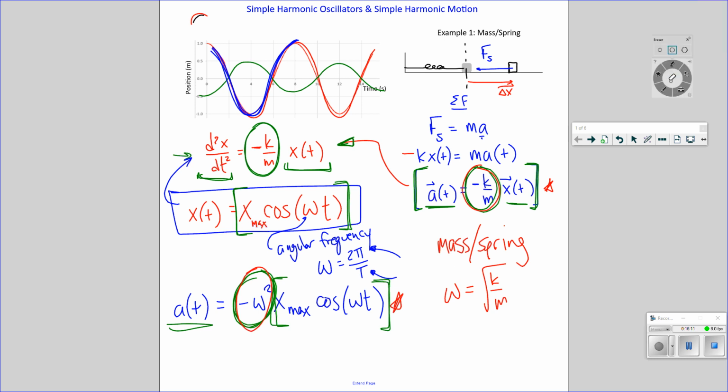So omega is the square root of k over m. And remember, omega is 2 pi over T. All right? So 2 pi over T is radical k over m. So we can talk about the period of a mass spring oscillator, and that is 2 pi radical m over k.